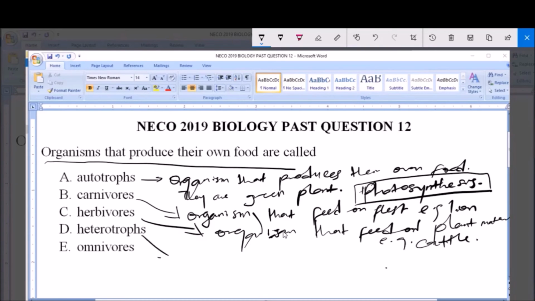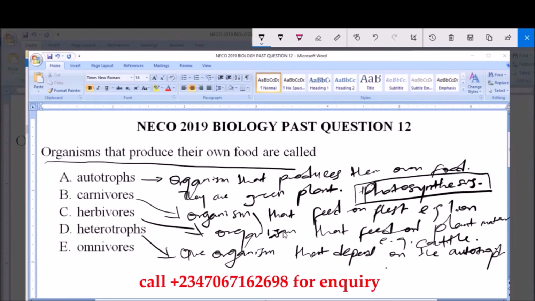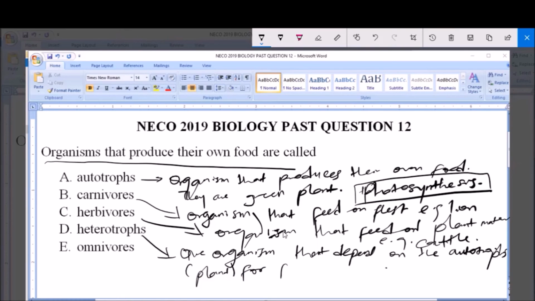Now the heterotrophs are organisms that depend on the autotrophs, which are the plants, for food. So therefore, the heterotrophs are organisms that cannot produce their own food.